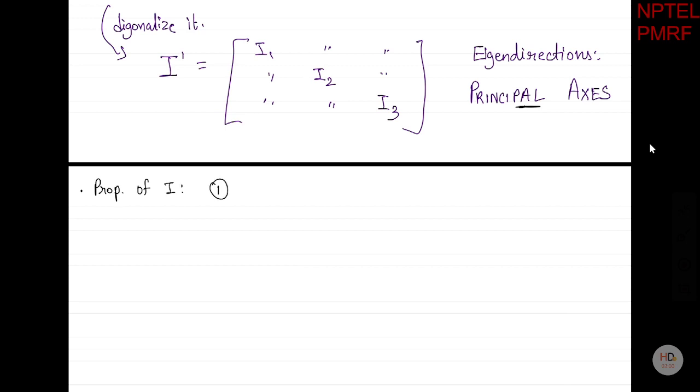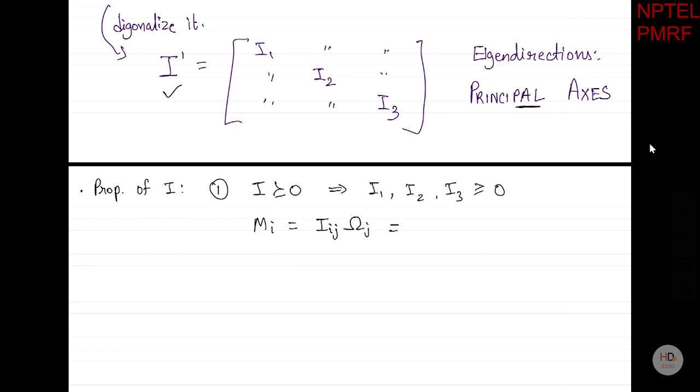One is that I is positive semi-definite. We used this notation earlier, which means that all eigenvalues I1, I2 and I3 are positive or zero. And then M_i, in this coordinate system, in principal axes, would be just I_ij times omega_j.